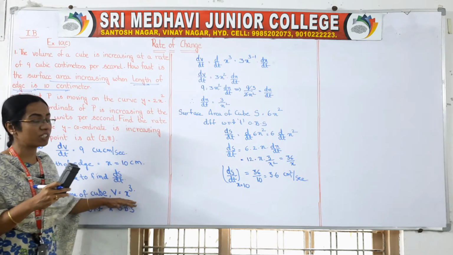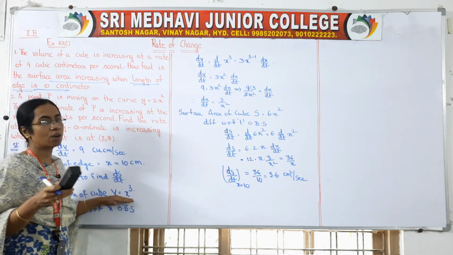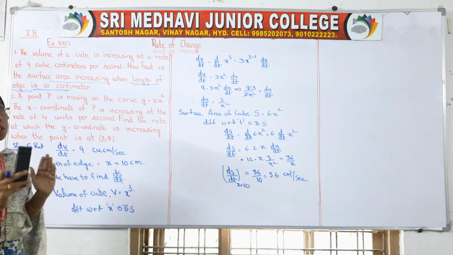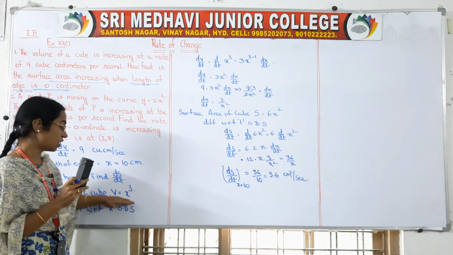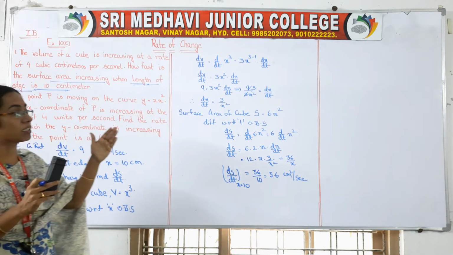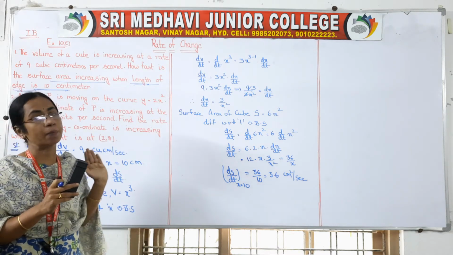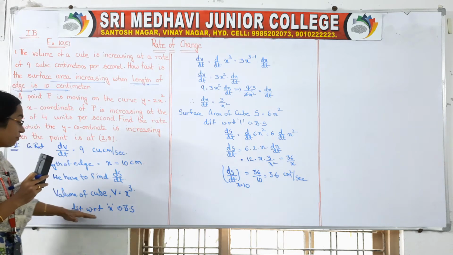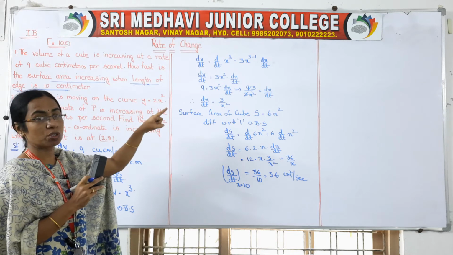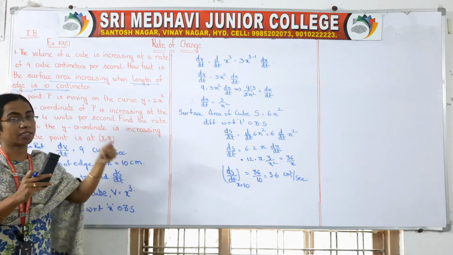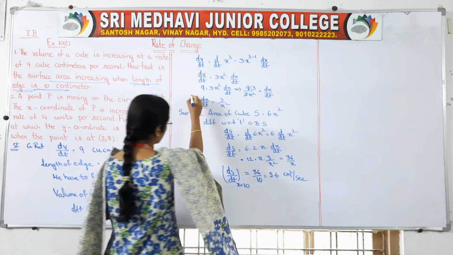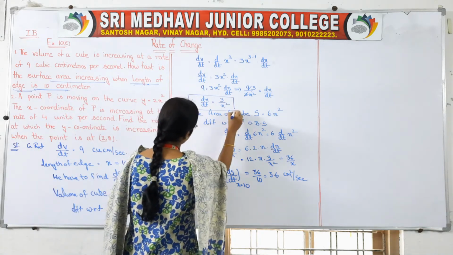You should be perfect with the formula of volume of the cube and surface area of the cube. Volume of the cube is V is equal to x cube, and surface area of the cube is S is equal to 6x square. Okay, so then differentiating, we got dV by dt is equal to that, and from the question we have dV by dt, substitute that, and you get your dx by dt, right?